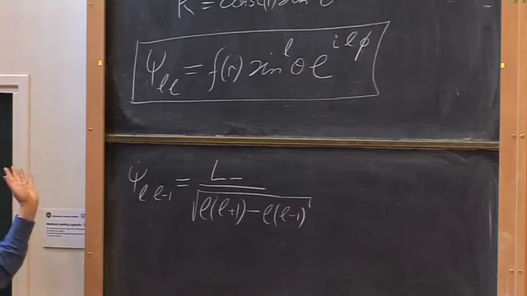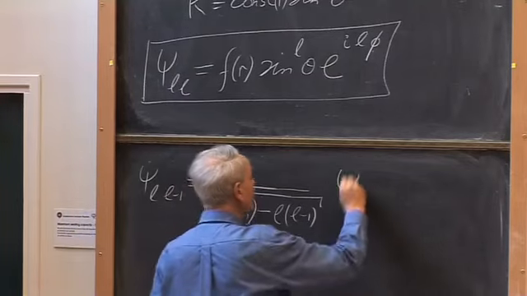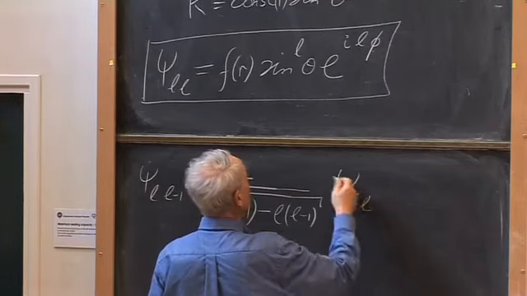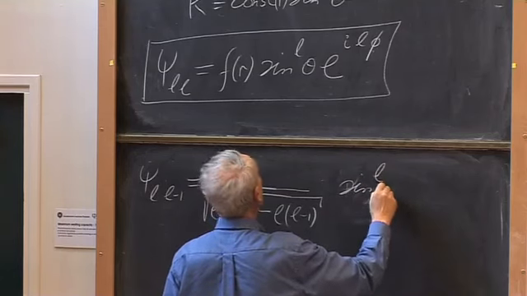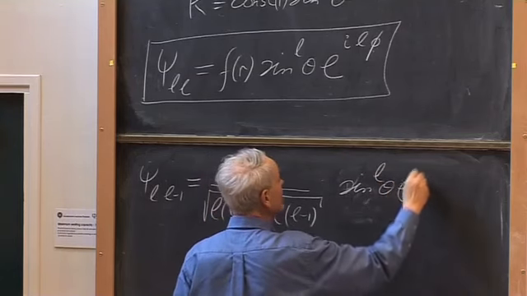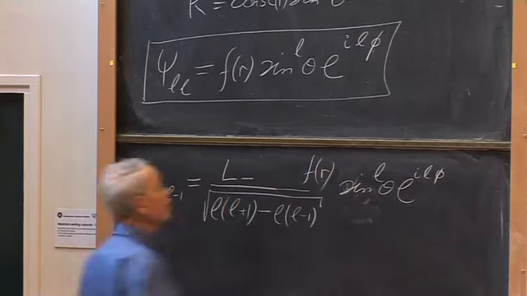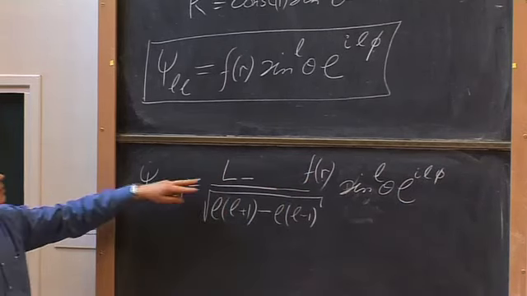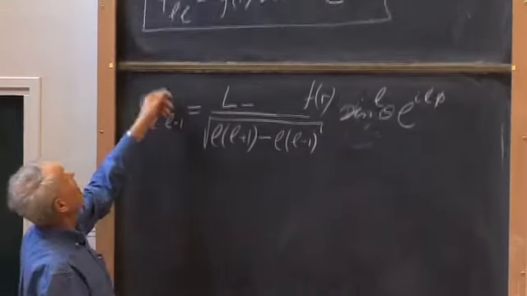That was the case in the harmonic oscillator. That's the case also with the angular momentum operators operating on psi LL, which we now know what it is. We now know that it's sine to the L theta e to the I L phi times the unspecified function of radius. And this L minus, let's roughly speaking put in what it is.